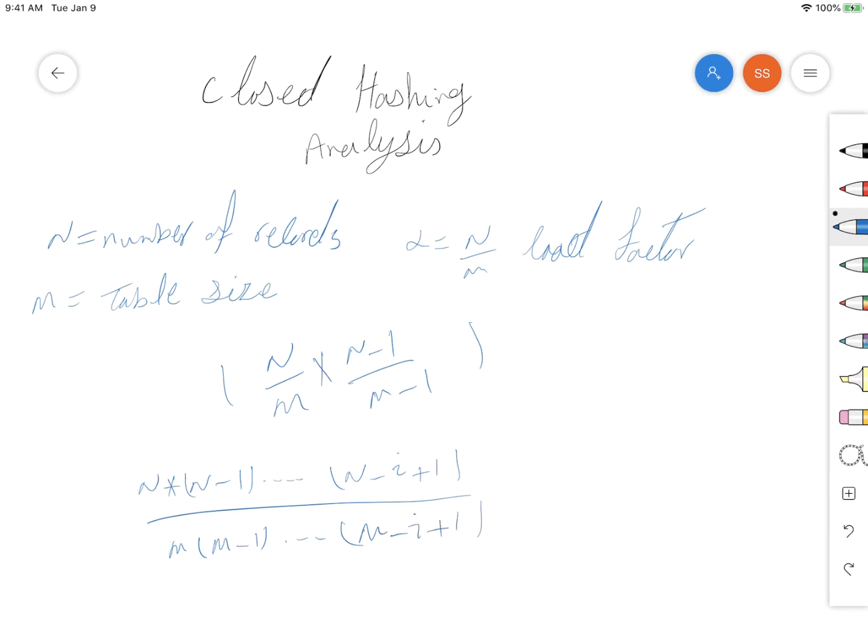So that is the probability of having i collisions in the hash table that we have.